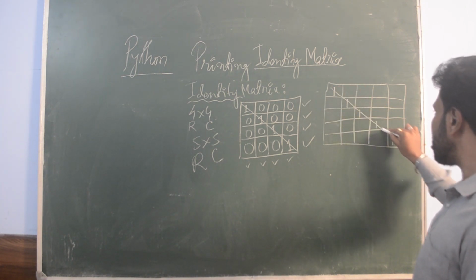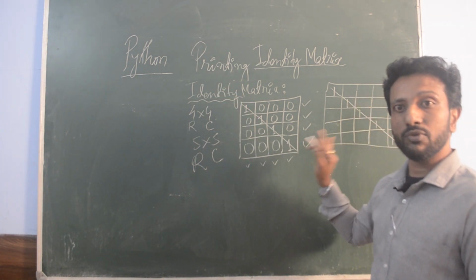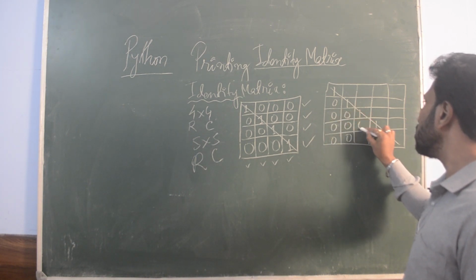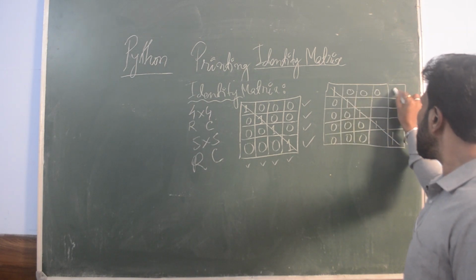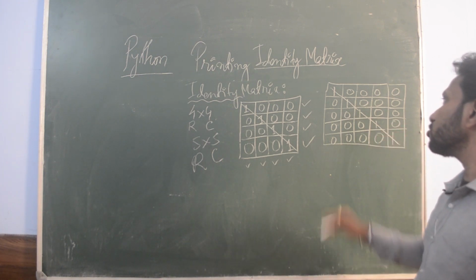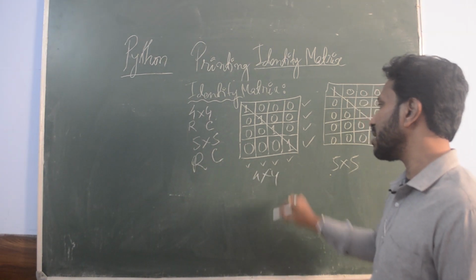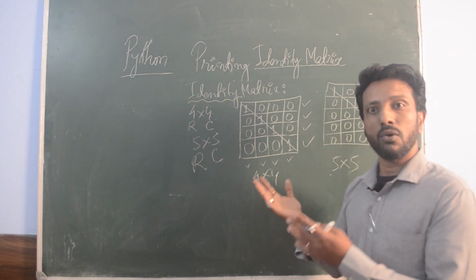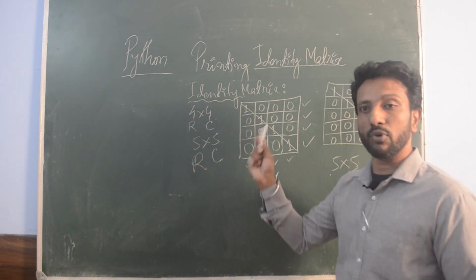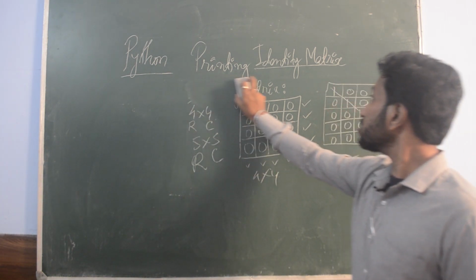The diagonal elements will be always 1 in case of the identity matrix, and all the other elements will be 0. So this is for 5 cross 5 matrix and this is for 4 cross 4 matrix. Now that you know what exactly an identity matrix is, let us see how we should write the program using Python. So let me erase this.